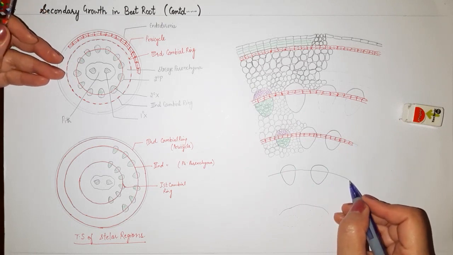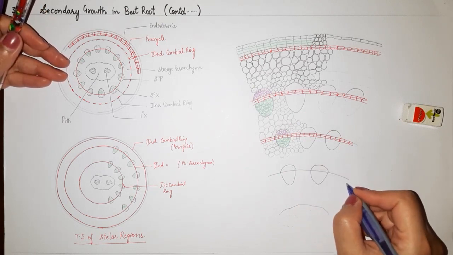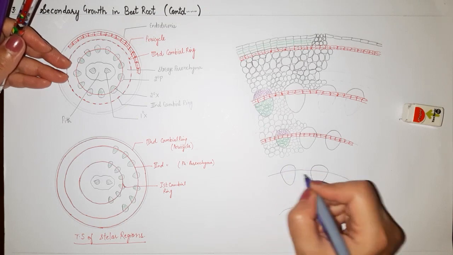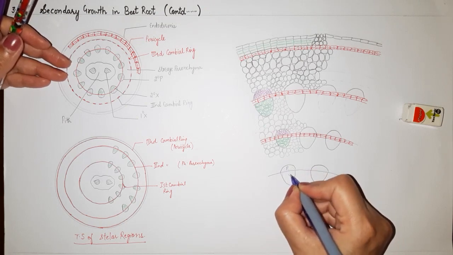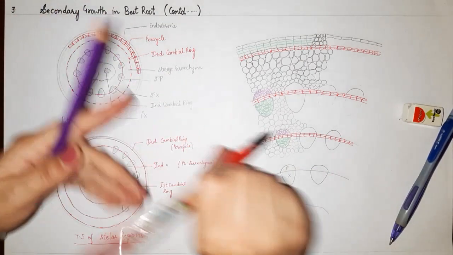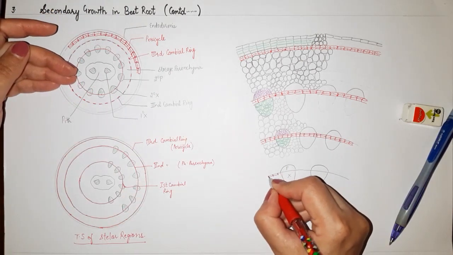This is the very first cambium formed, which is primary cambium. So around this also you will show phloem, xylem, then there is this vascular cambium.